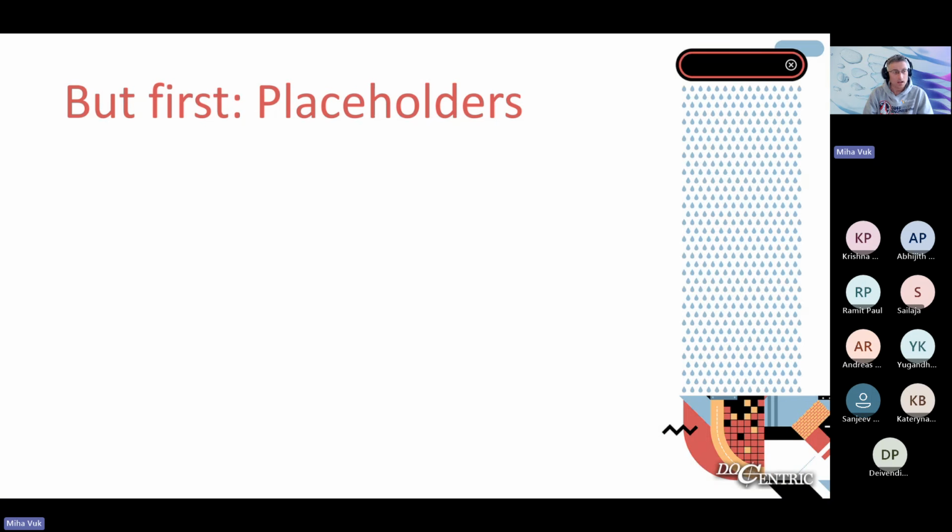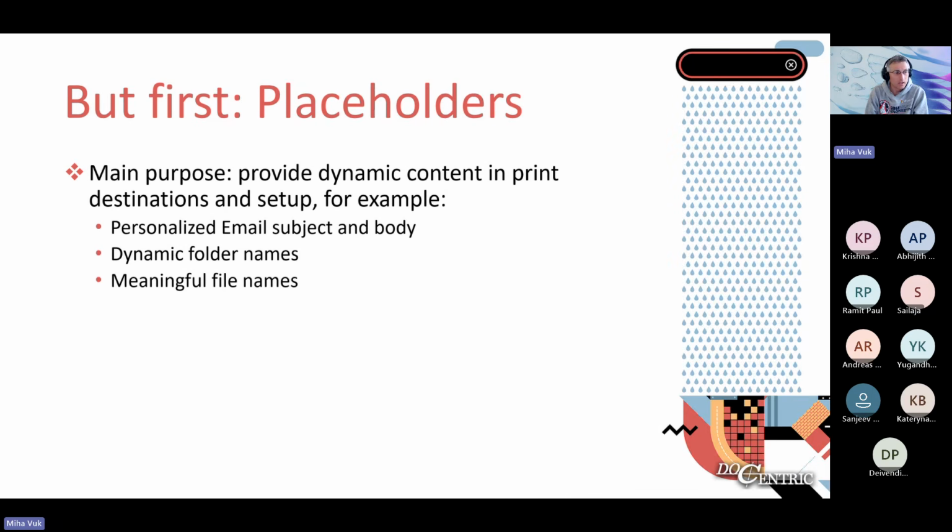Okay, first, before we go into the print destination, let's explain what are the placeholders. As the name says, there is a space. They are saving the space for some content that will be inserted instead of some fixed content. So with these placeholders, you can provide dynamic content in print destinations and in report setup.